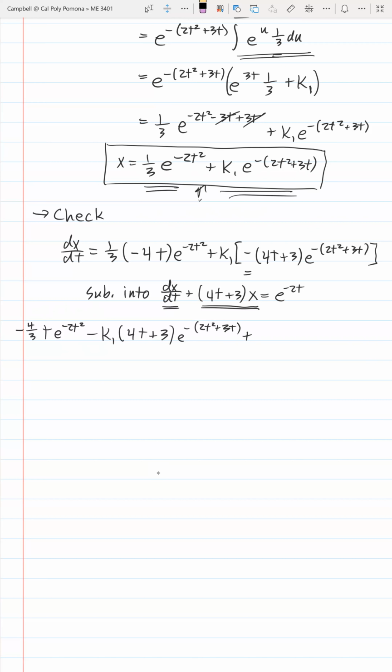So we get a 1/3 times (4t plus 3) now times e to the negative 2t squared plus k1 times that very same (4t plus 3), all that times e to the negative 2t squared plus 3t, and that needs to be equal to e to the negative 2t squared.